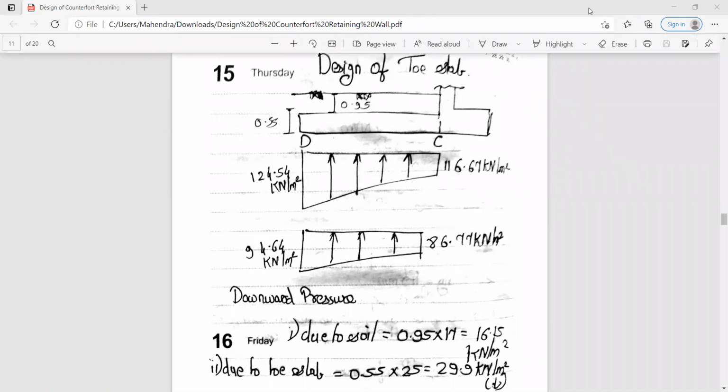Yes, done. Yes, Anis. 0.95, yes, I will let you know. We see your earlier diagram. That is, one minute.